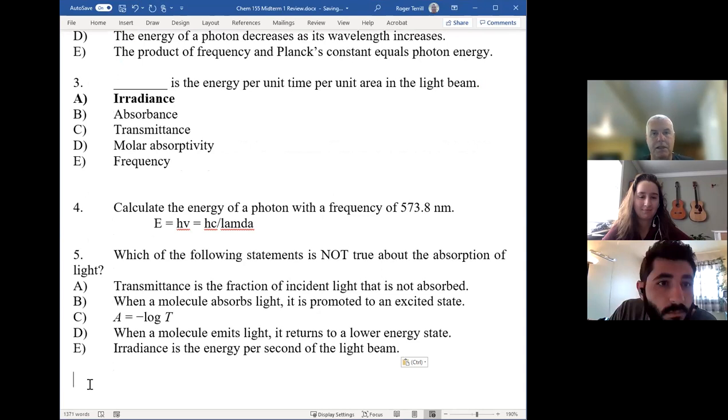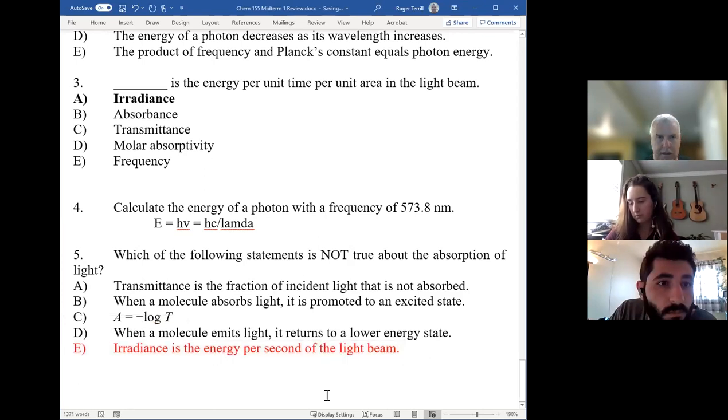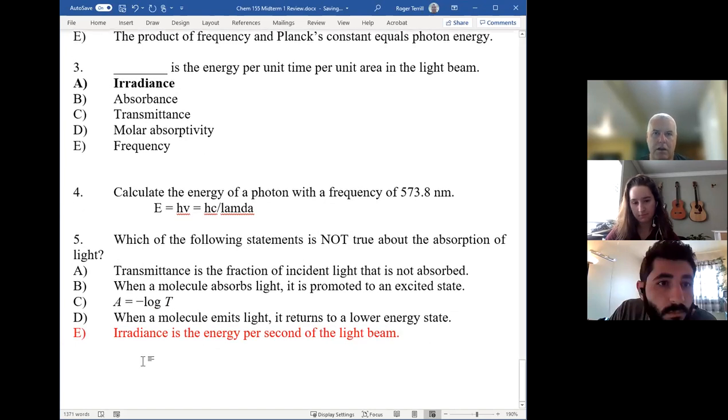When a molecule emits light, it returns to a low energy state. True. And irradiance is the energy per second of a light beam. Well, irradiance is energy per second per unit area. So here's a cheap question, which I probably will never not ask, because it's just like, do you know that irradiance is energy per unit time and area? Anyway.